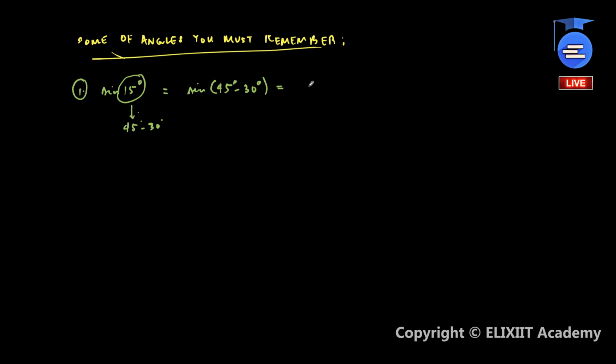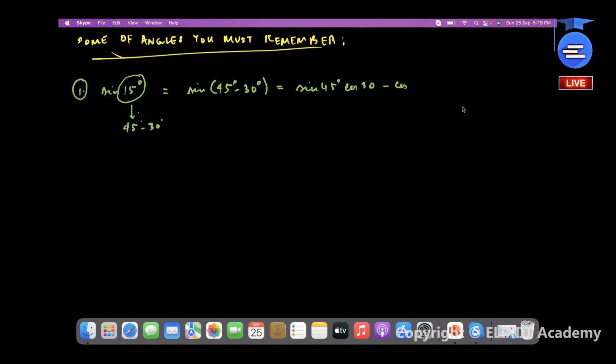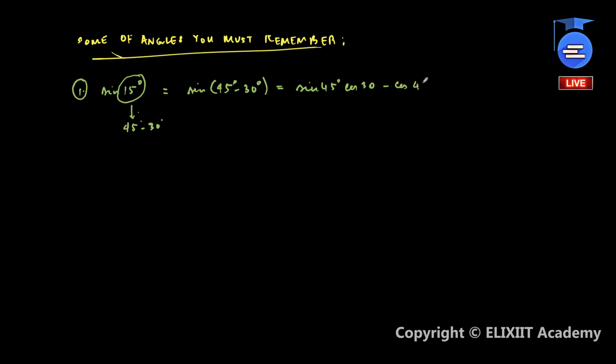So sine 45 cos 30 minus cos 45 into sine 30. So sine 45 is 1 by root 2.